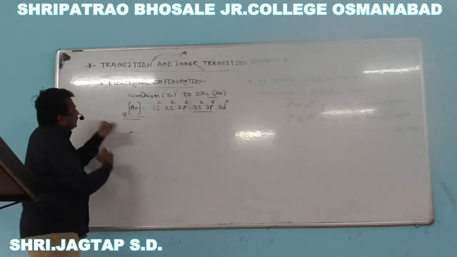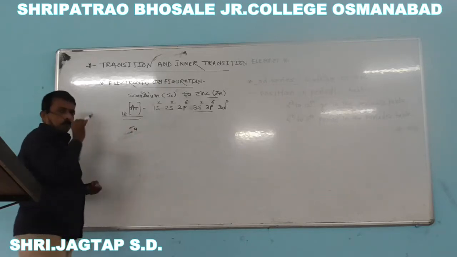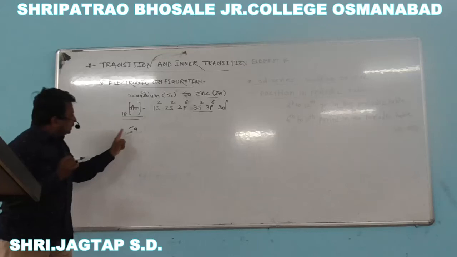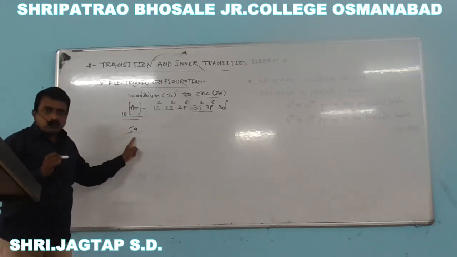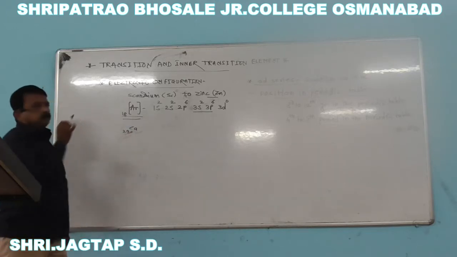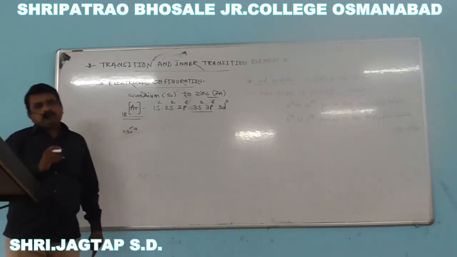Then we are going towards calcium. The atomic number of calcium is 20. It is a metal.